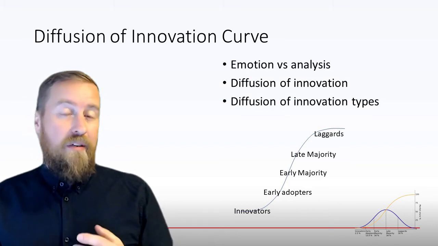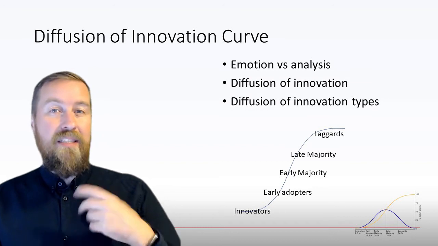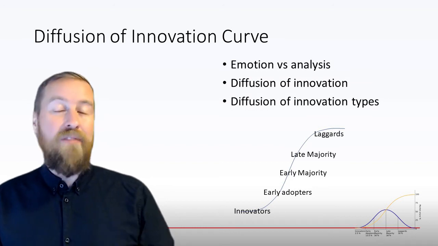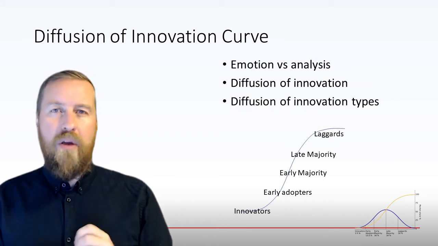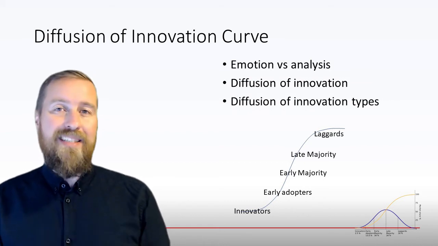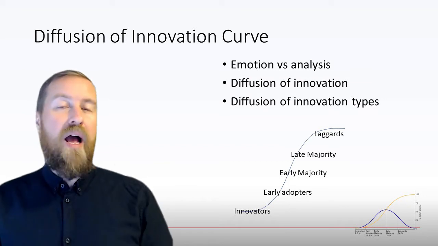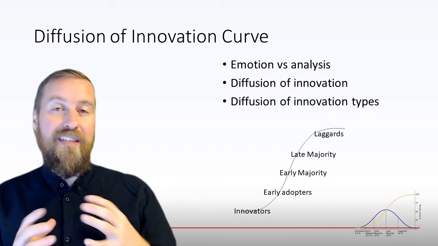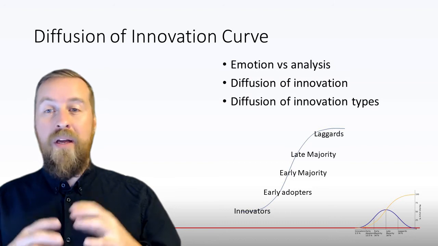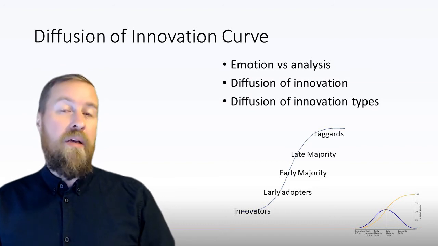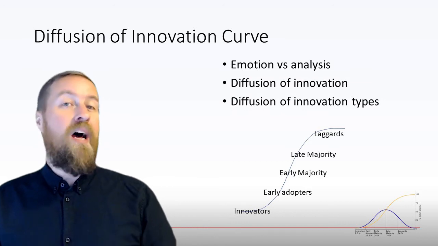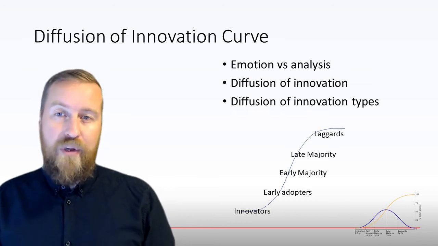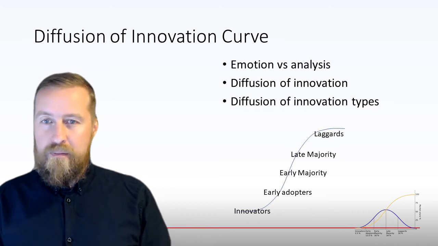The diffusion of innovation, and as I write here also the diffusion of innovation types, is sometimes a little bit confusing, but in essence it is a group, a topic which is diffused when we're talking about innovation. That could be direct manufacturing tools versus a specific 3D printing technology.